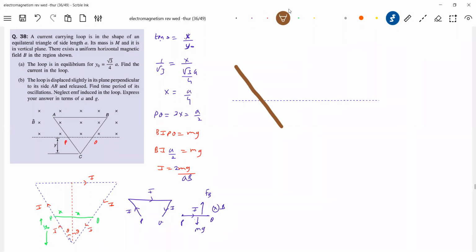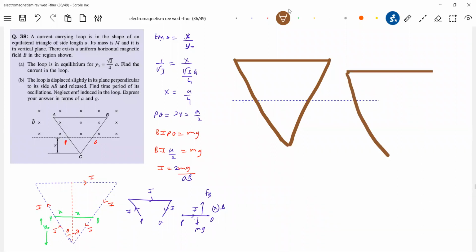Earlier the loop... diagram's not coming.